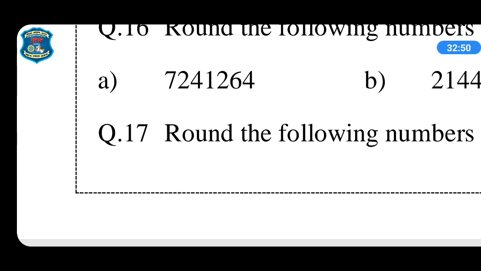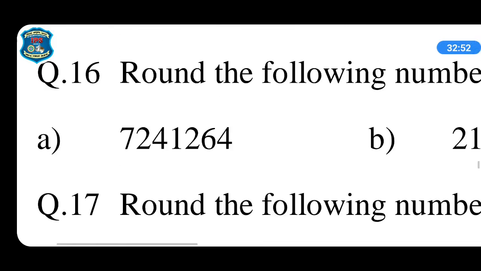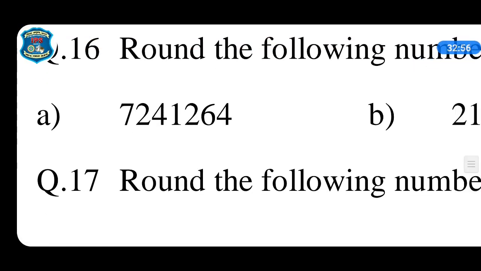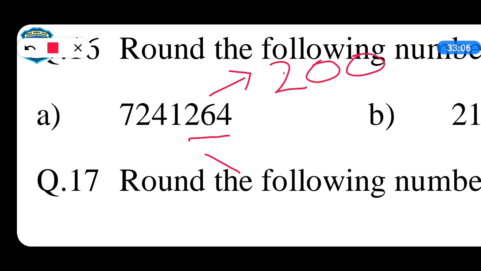So the last three digits are 264. See this number, 264. The lower 100 is 200 and the next 100 is 300.